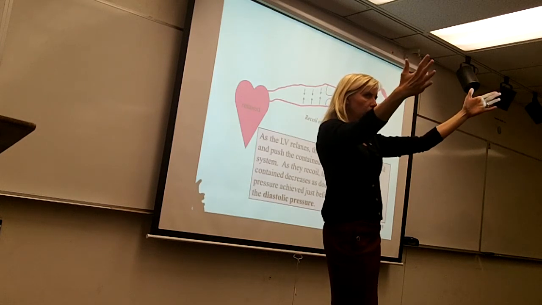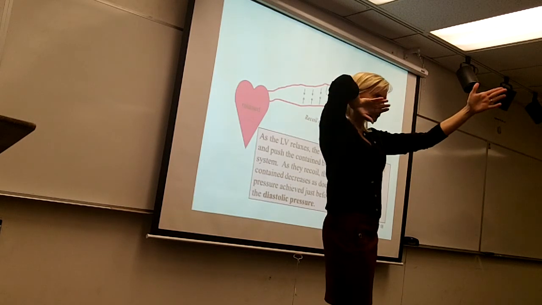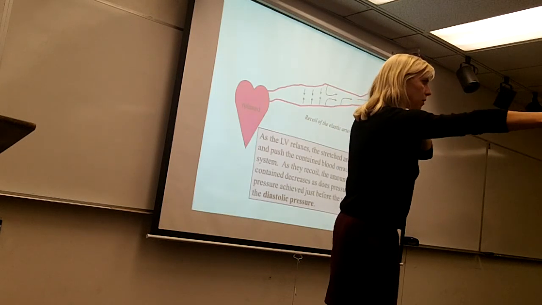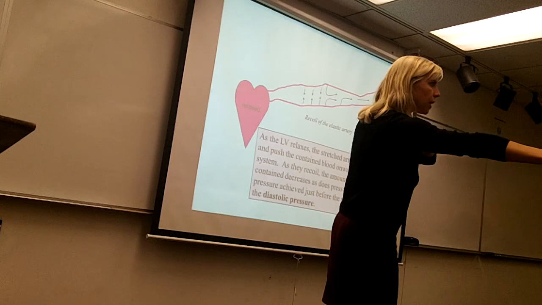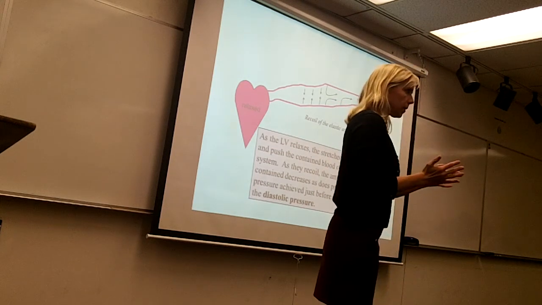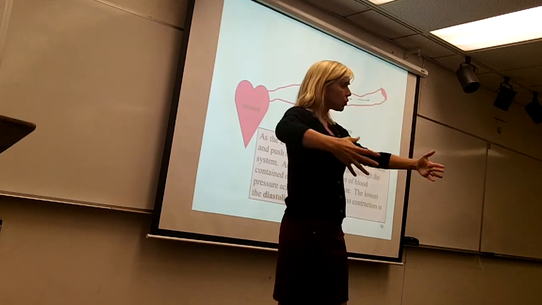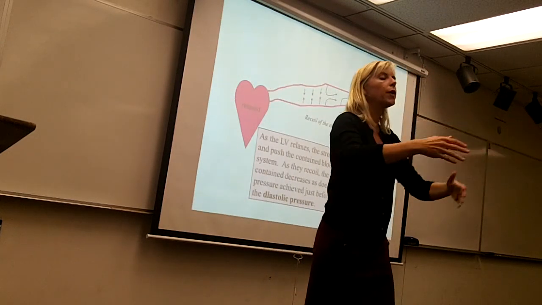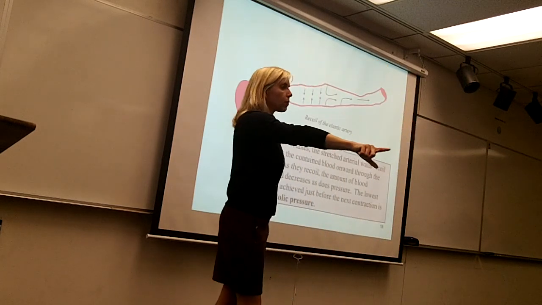As the recoil occurs, this helps drive the blood further down into the smaller arteries, to arterioles, to capillaries, to venules, to veins, to the inferior and superior vena cava. It's the recoil, the stored potential energy being harvested, that keeps pushing the blood through the vessels.